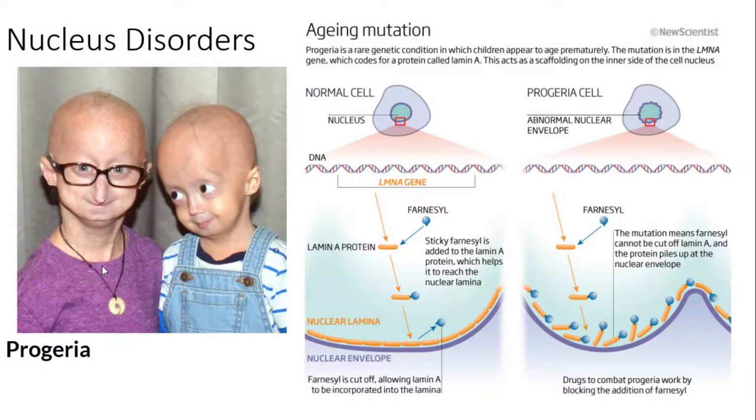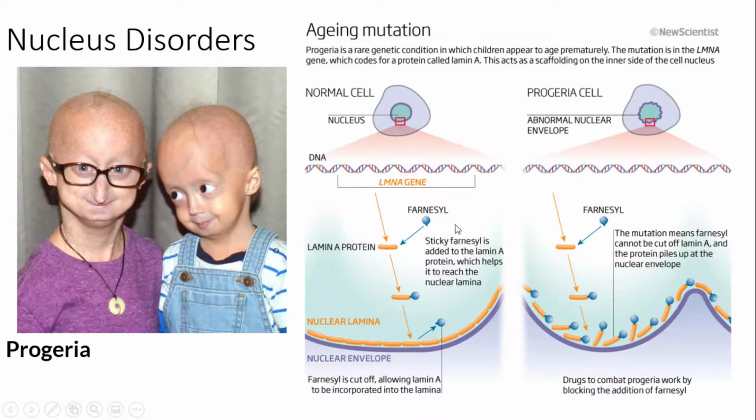And also progeria is another nucleus disorder. In progeria, the children seem to age very quickly. Essentially what happens, again, it's that lamin protein, super crazy important with the double envelope of the nucleus.